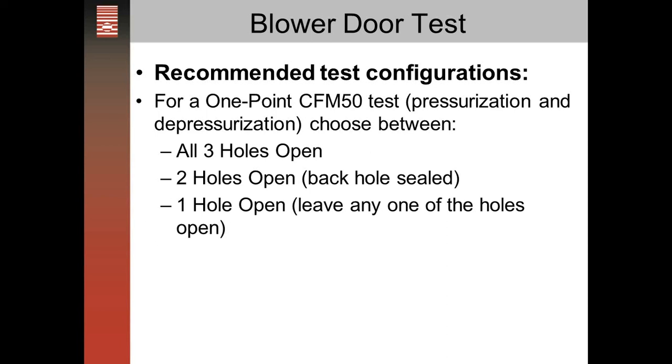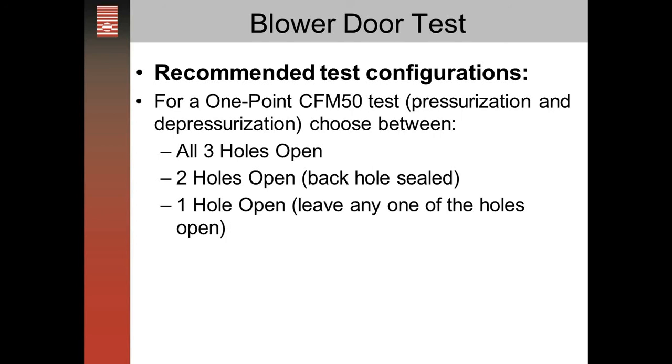So for a 1-point CFM50 test, either pressurization or depressurization, it's best to either have the 3 holes all the way open, or 2 holes all the way open with the back hole sealed. So if you're choosing 2 holes, close the back one and fully open the other 2 holes, or if you're going to test with just 1 hole open, you can fully open any of those other holes.